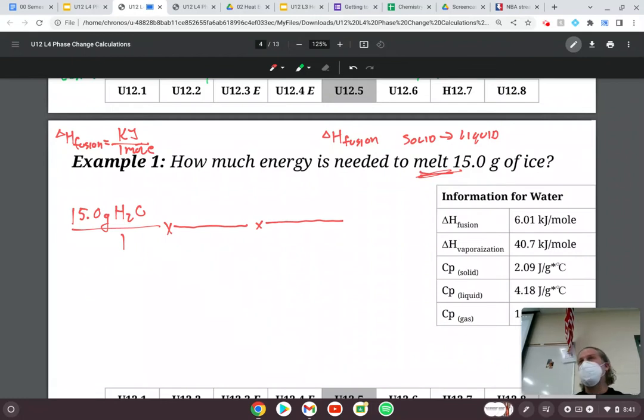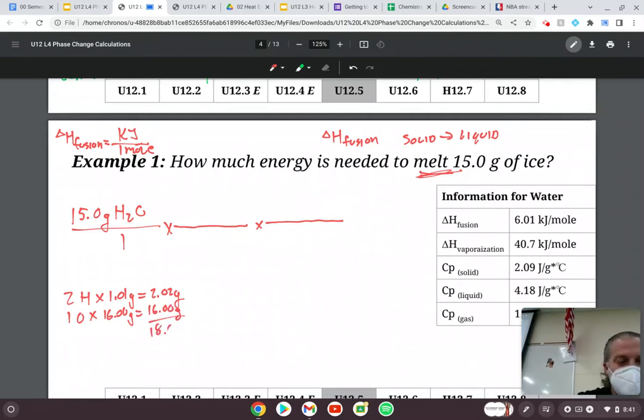And when I go mass to moles, I need to know the molar mass, right? So I'm going to take 2 hydrogens times 1.01 grams, which will give me 2.02 grams. And I have 1 oxygen times 16.00 grams, which will give me 16.00 grams. I add all that up and I get something like 18.02 grams in 1 mole of water.